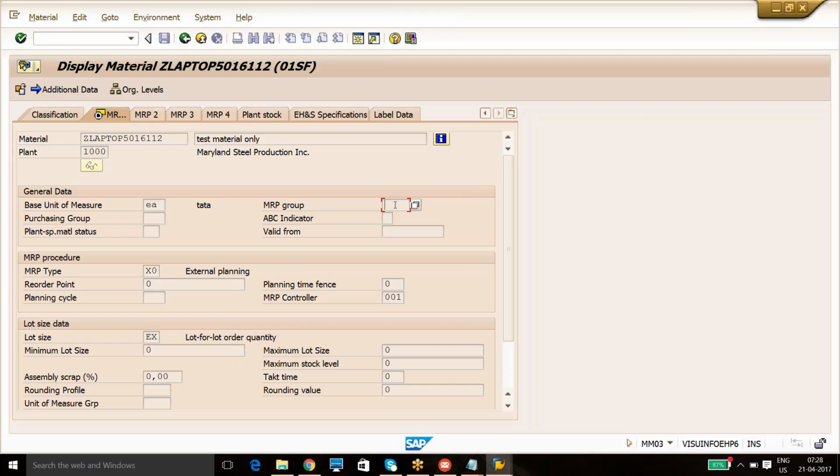Then I picked some finished good which had MRP type X naught, but they had the check mode. So I was surprised: if there is no strategy group, then why was the check mode assigned? How was the check mode assigned at the time of shipping?